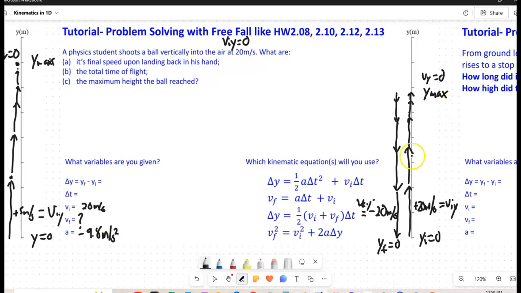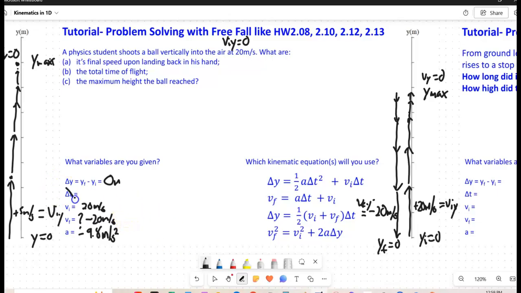I think they're asking us to prove it. So in order to prove this, we know the answer is going to be negative 20 meters per second. But we also know your change in position from beginning to end is 0.